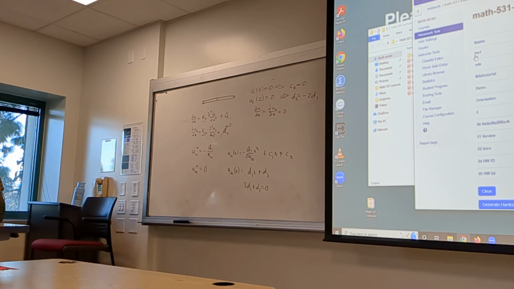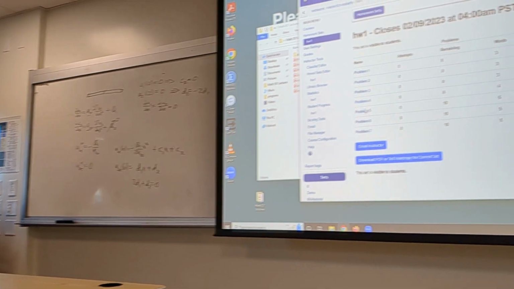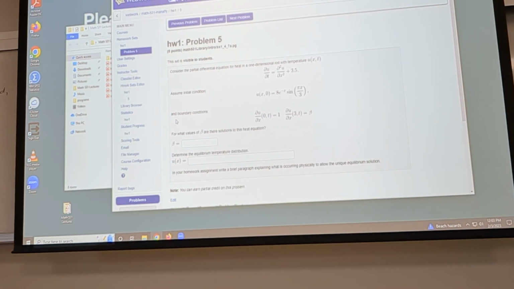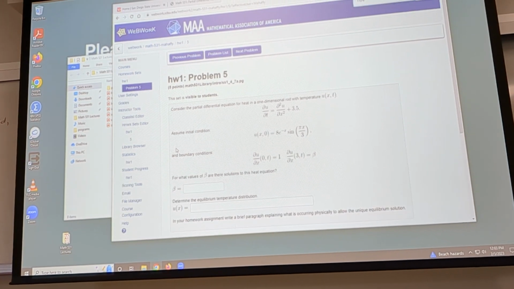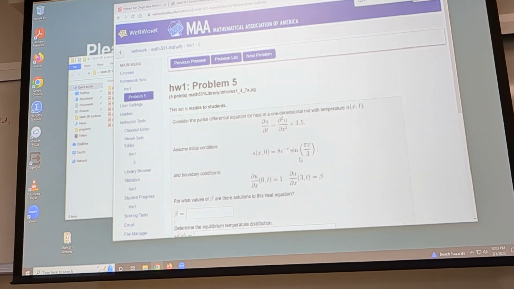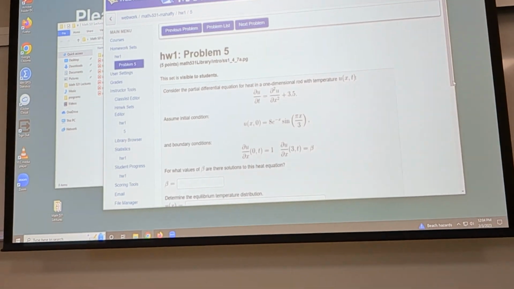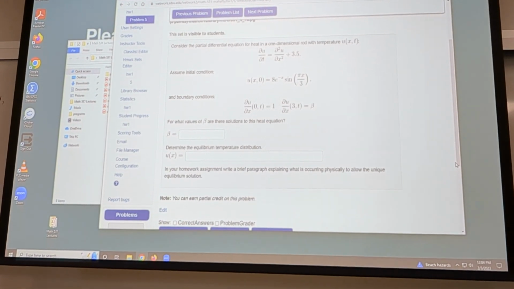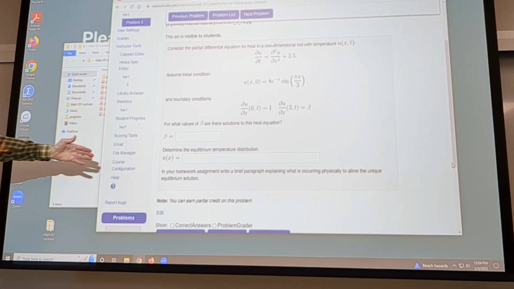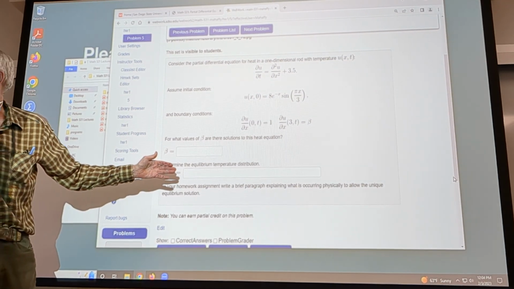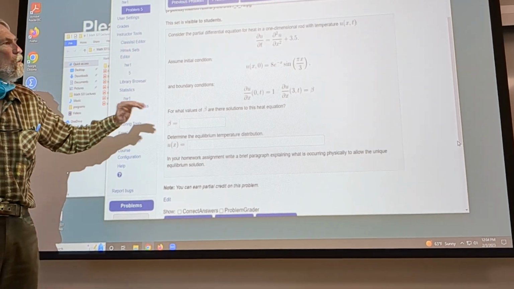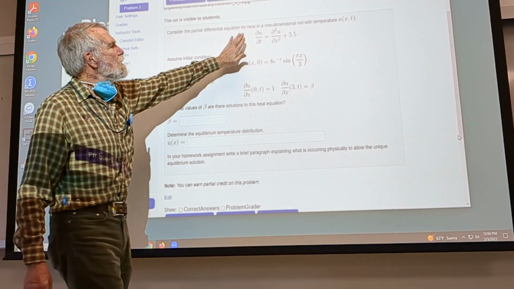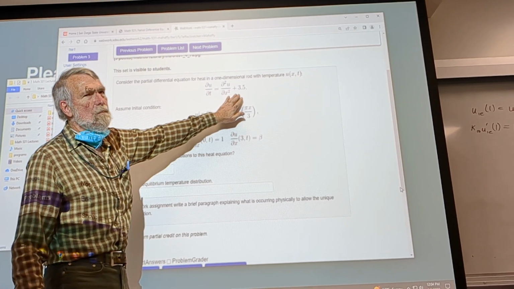Okay, so we're looking at 5. Again, when you're looking at the answer down here, we're looking for the equilibrium answer, right? So the equilibrium answer says we're just looking at the ODE problem here.